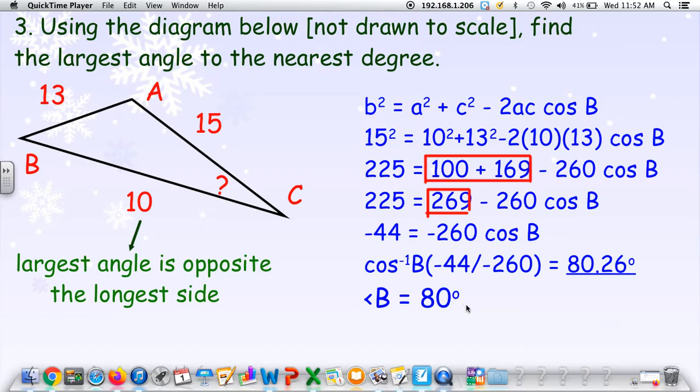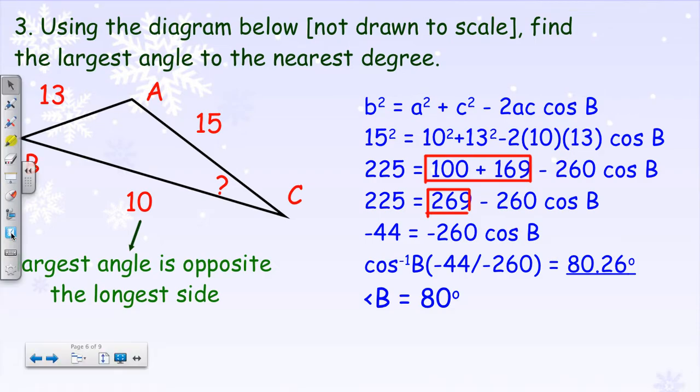I would be in quadrants 2 and 4. But quadrant 4 would be an impossibility because my three triangle angles only add to 180. So I'm giving you a heads up on tomorrow. If cosine was negative, we would treat the quadrant 1 as a reference angle, and your answer would then be in quadrant 2. All right, so now we are done with the modeling of the problems.